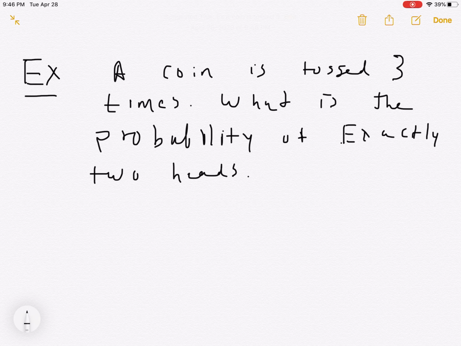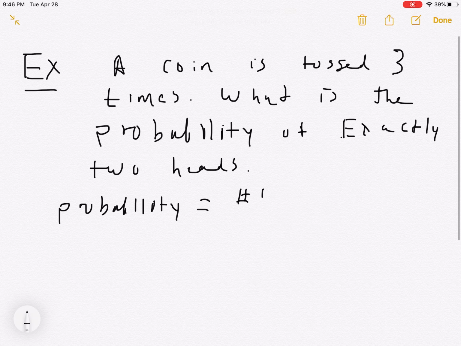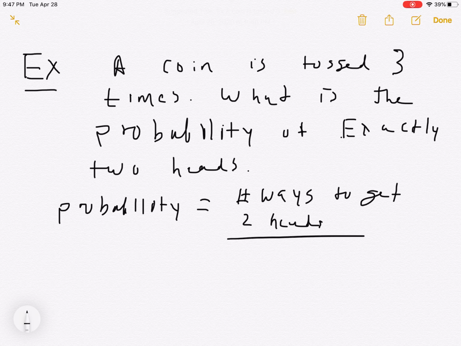Now, probability, I hope you'll accept this definition, is the number of ways to get 2 heads divided by the total number of outcomes.